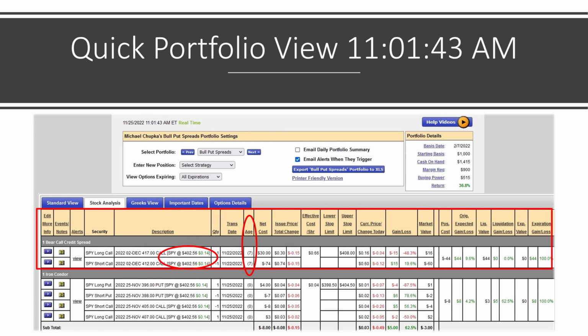SPY at 402.56 with our 412 sold call and our 417 long. We are still at a wash to liquidate. It would cost us 44 cents to liquidate, which was the initial net credit taken in. So we do not have a profit on this position. We have to wait closer to expiration as we get closer to December 2nd.